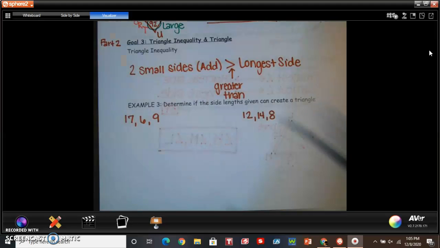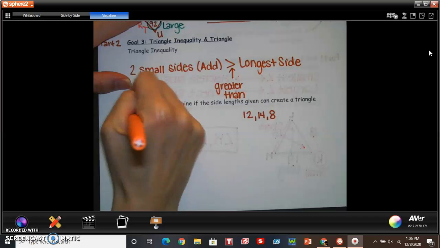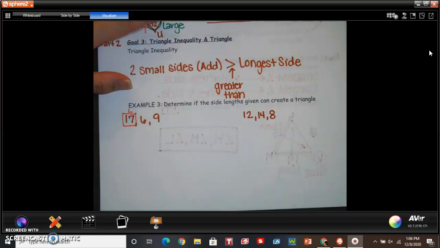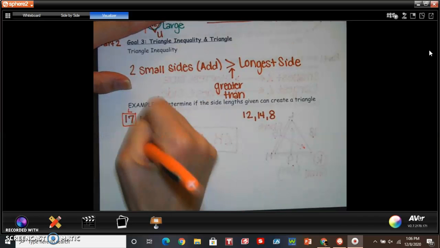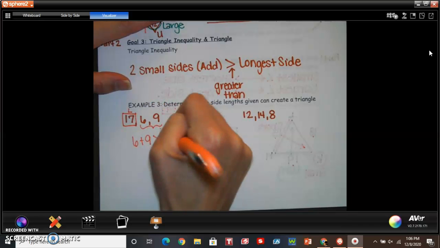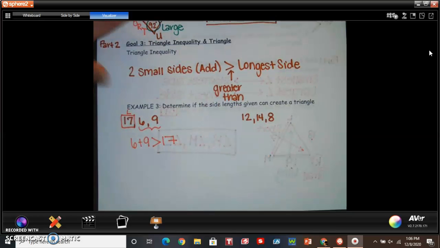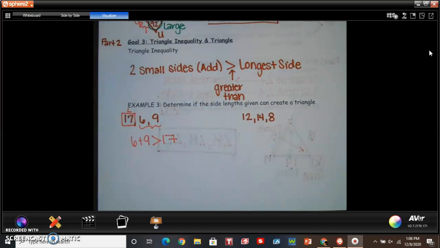So looking at example 3, determine whether these can create a triangle or not. So I notice I have 17, 6, and 9. So my longest side is 17. So I'm going to take what I have left. So I'm going to say 6 plus 9 needs to be greater than 17. That's what the triangle inequality tells us. So 6 plus 9, remember to use the calculator.